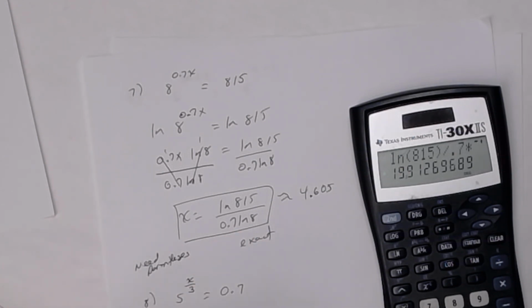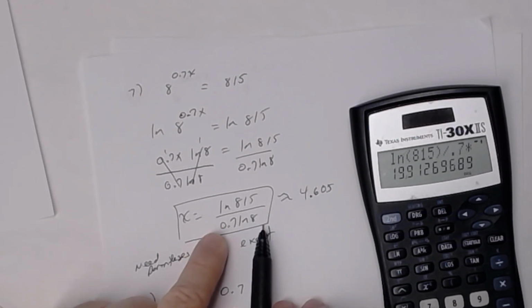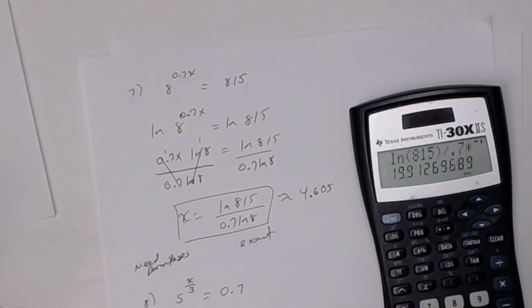Okay, it is important you remember this, that if this is more than one factor, see this is a product right here, you need to put that in parentheses, because if you don't, what I just did was this. Let me just show you what I just did.